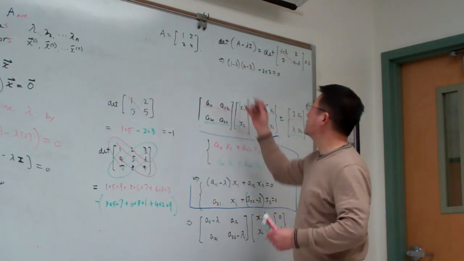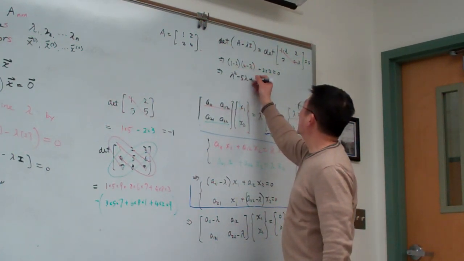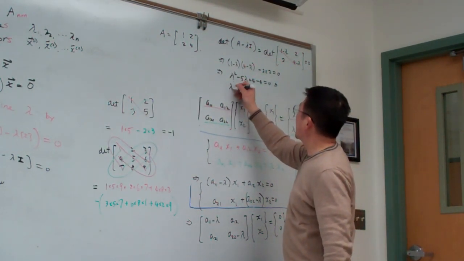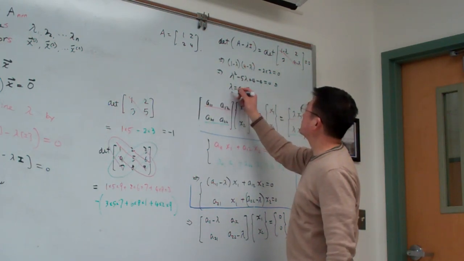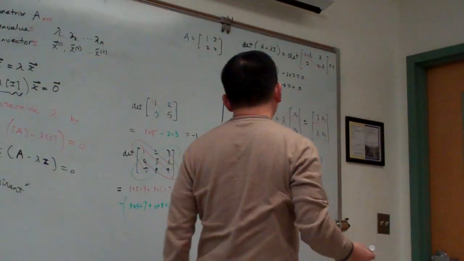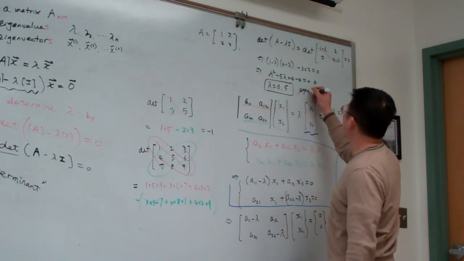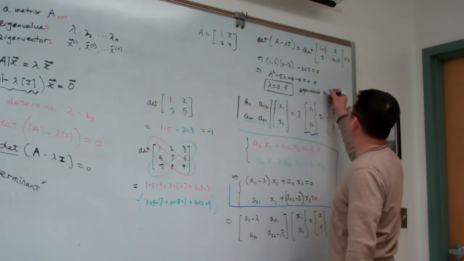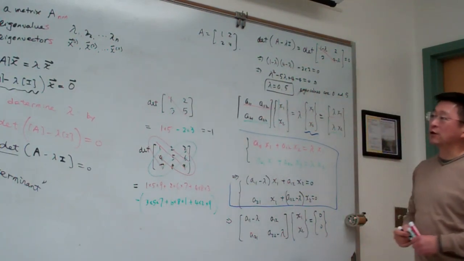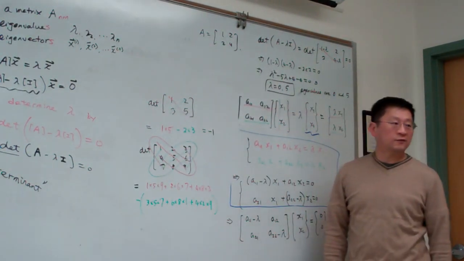Okay, now let me implement. So that means lambda squared minus 5 lambda plus 4 minus 4 equal to 0. So therefore, lambda equal to 0 and 5. So these are our eigenvalues. So we solved our first question's eigenvalues: 0 and 5.